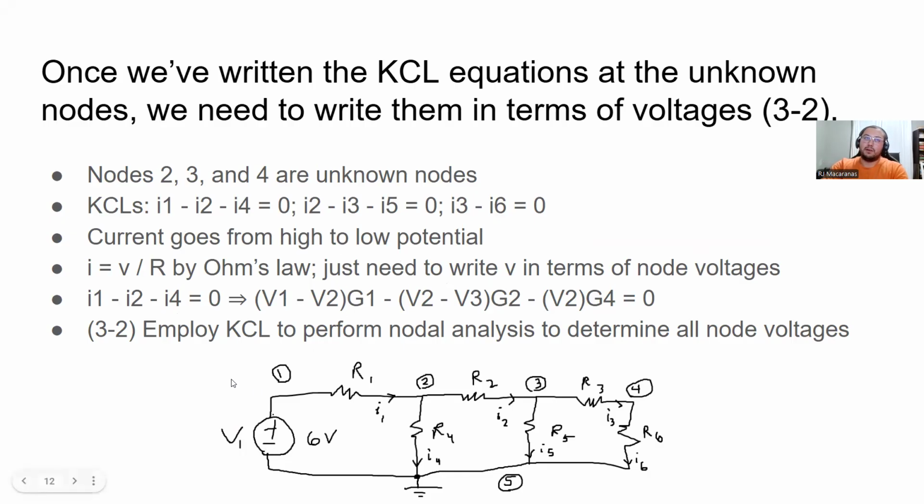In order to do this, we need to remember that current goes from high to low potential, by convention. So for example, this I1 is going from node 1 to node 2, so that's high to low: V1 minus V2. And I've actually written the resistances in terms of conductance.